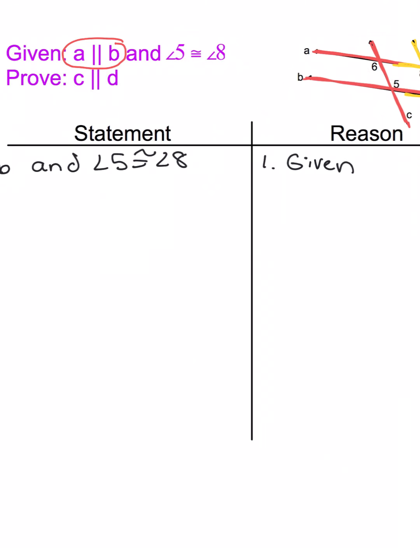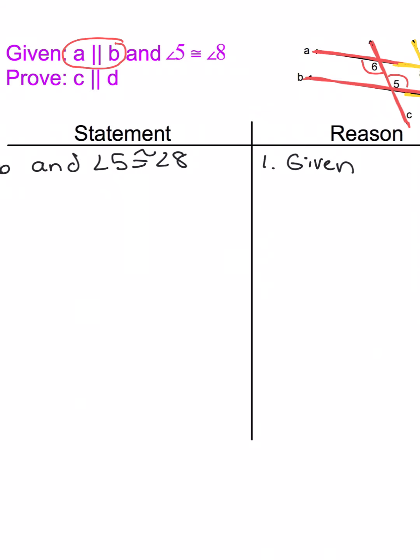Because remember, consecutive angles are supplementary. They add to equal 180. And if we don't have to write the measure of 7 plus the measure of 8 equals 180 in a proof, it just makes it a lot easier. So when in doubt, if you have two of them, never do consecutive, always do corresponding, alternate interior, alternate exterior. So since we have the choice, we're going to use these alternate interior angles.